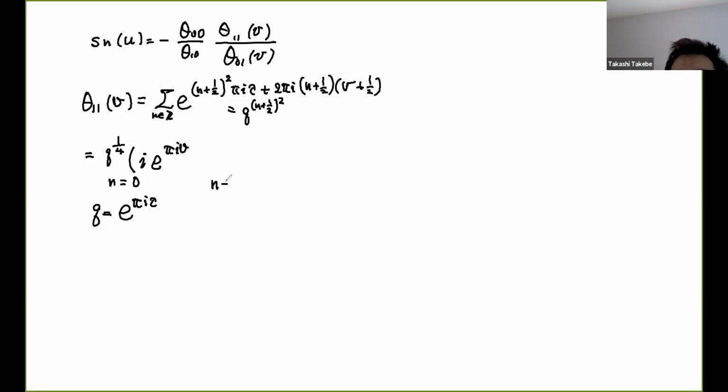And when n is equal to -1, this part is also q to 1 over 4, and this part becomes something like this.